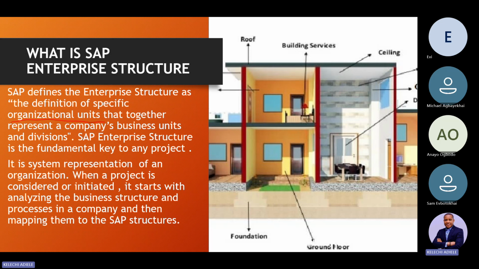And that's where enterprise structure comes in. SAP is not SAP without organizational objects. You see, these organizational objects are what SAP builds their system on. That is the structure. That is the foundation of SAP. So the word SAP, for me, is not SAP.